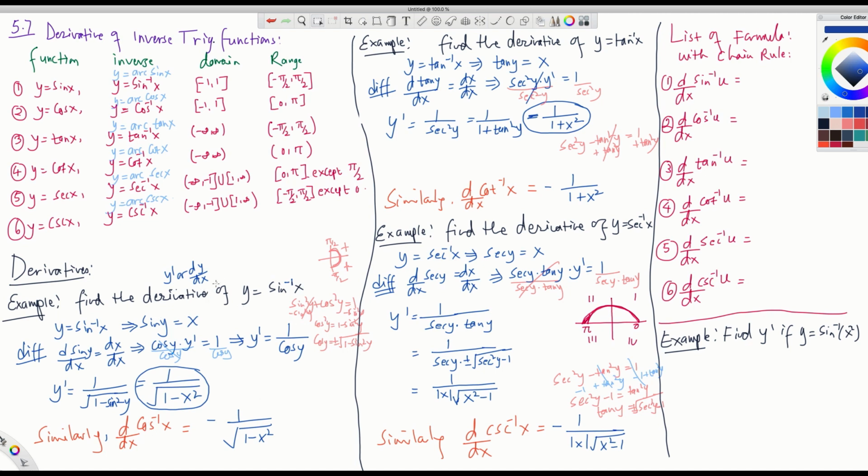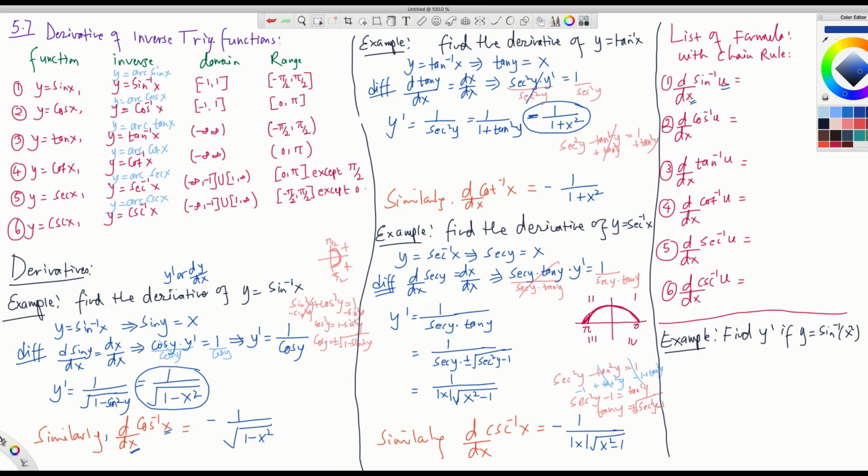Look at these formulas. We are finding d over dx of sine inverse x, and d over dx of cosine inverse x. You see that matches? If they match, then those are the formulas. But sometimes, look at this, d sine inverse u over dx. If they don't match, we write exactly the same formula as for sine inverse x, but the extra thing you do is u prime, because they don't match.